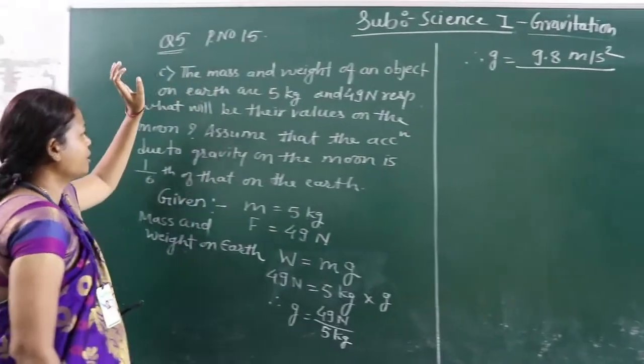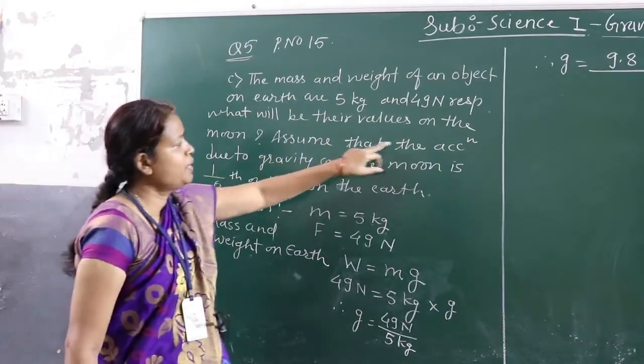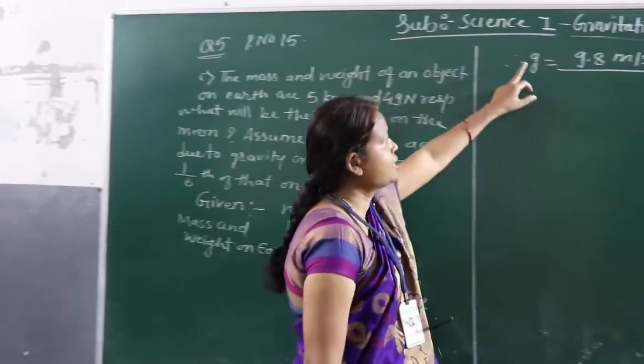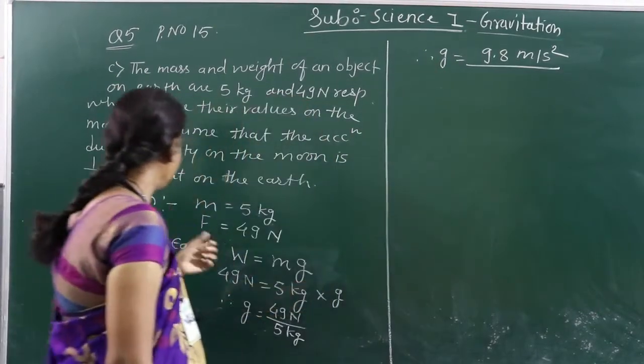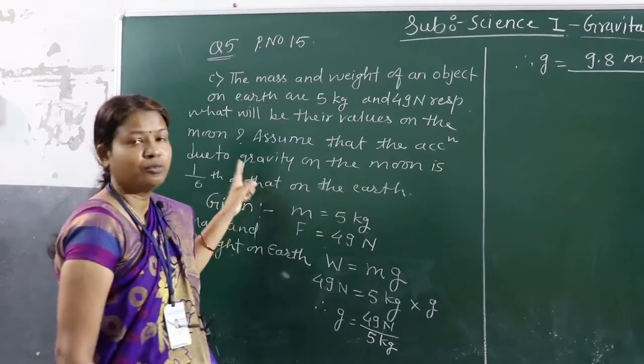What is the condition here? The condition is to assume that the acceleration due to gravity on the moon is 1/6 of the acceleration due to gravity on the earth. The value we have found out is on the earth. Now on the moon, what will happen?